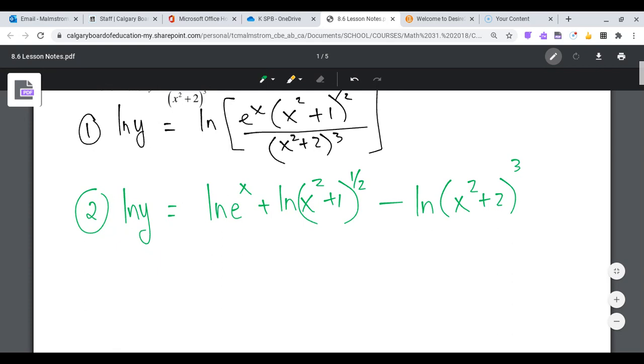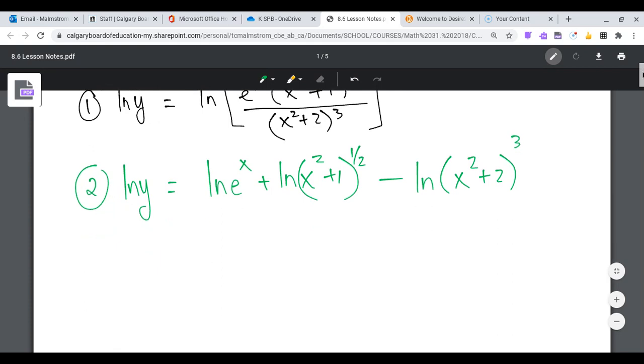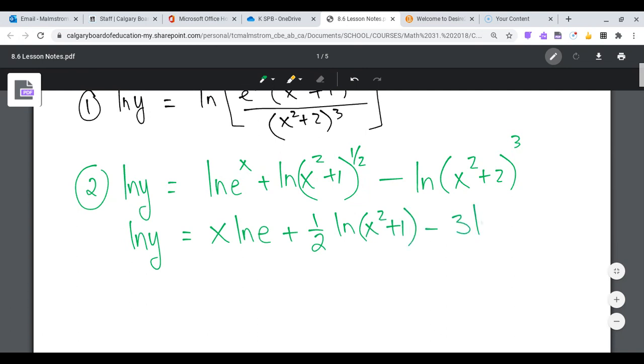And before I differentiate, I'm going to go one step further and move all of those exponents to the front using the power law. So we have x times ln e plus 1/2 ln x squared plus 1 minus 3 times ln x squared plus 2.